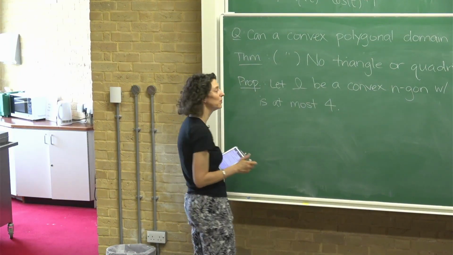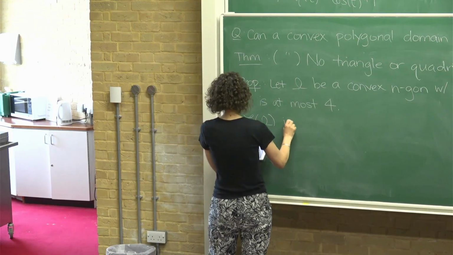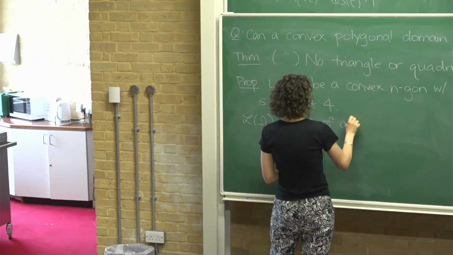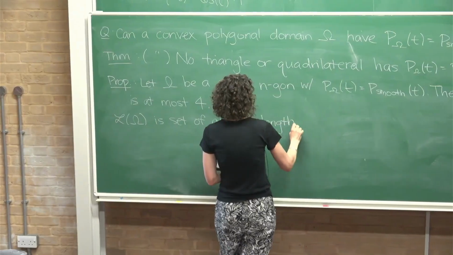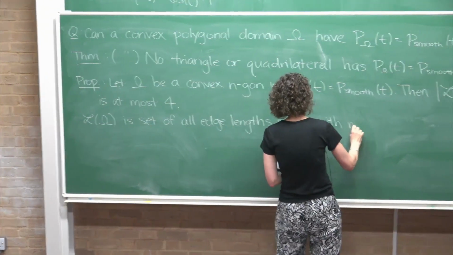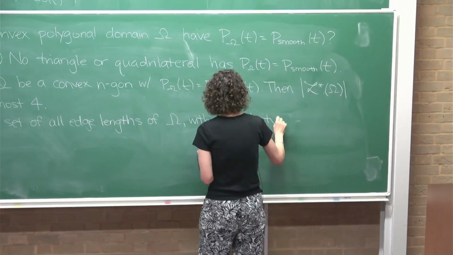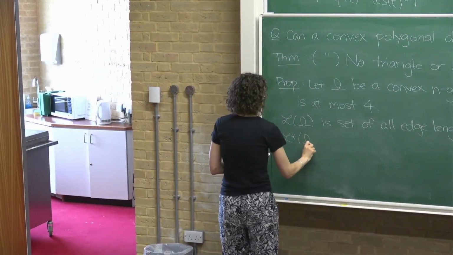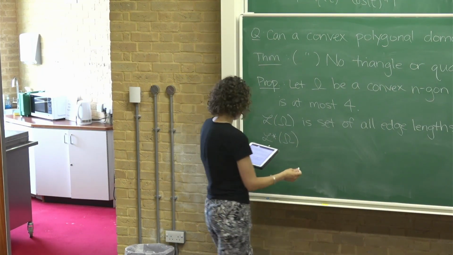Let me tell you what L star of omega is. L of omega is the set of all edge lengths of omega with multiplicity. For L star of omega, you take the primitive ones, is how I want you to think about it.